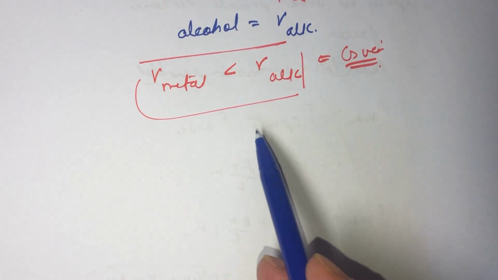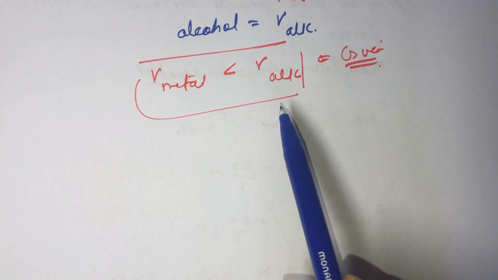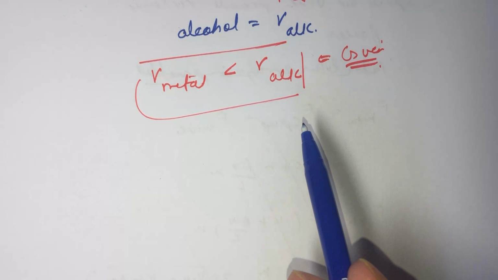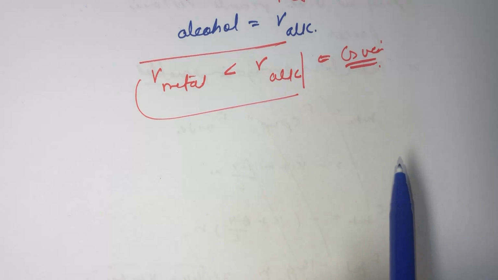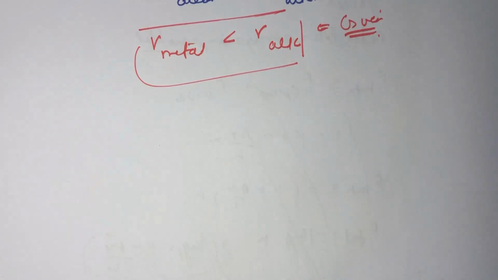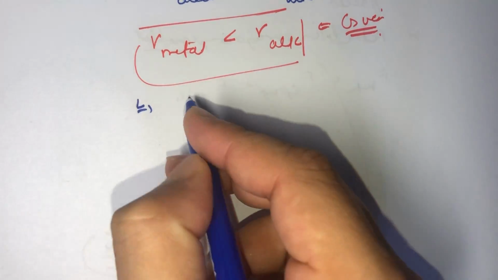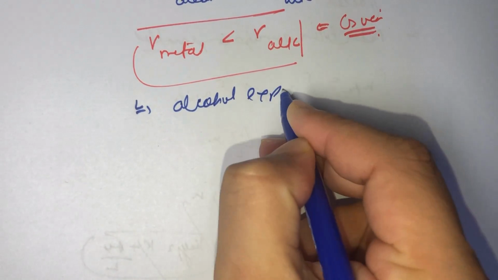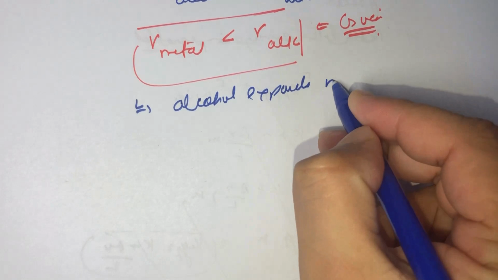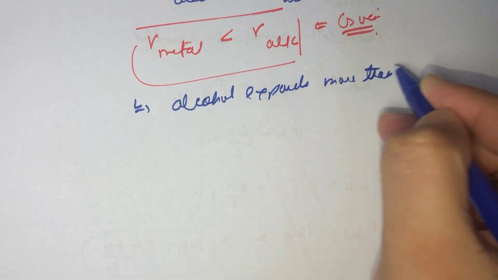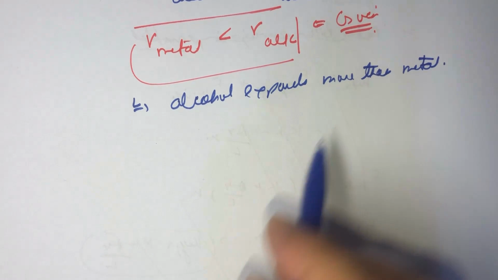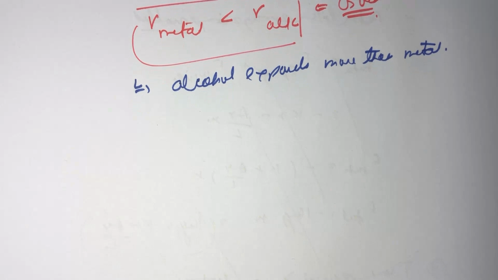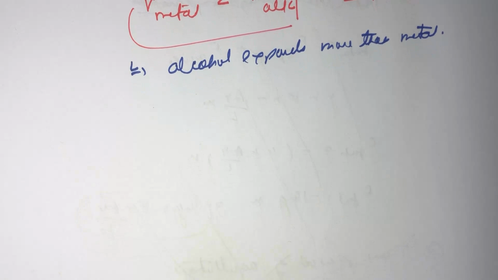So from here we can draw one conclusion, that alcohol expands more than the metal. It is also given that the density of metal is large as compared to alcohol.